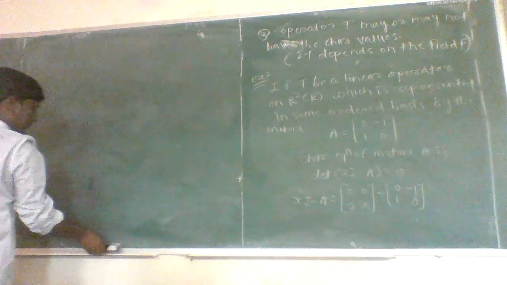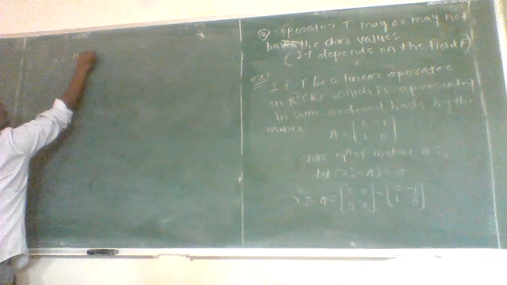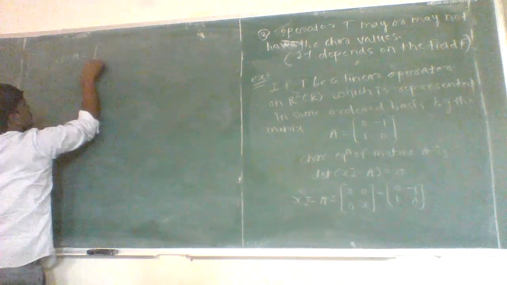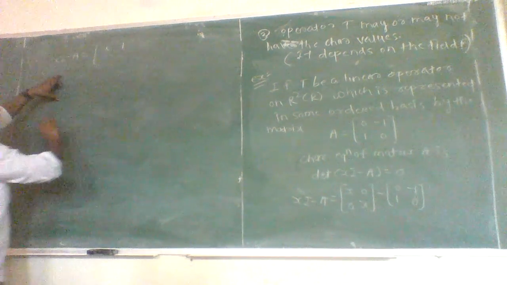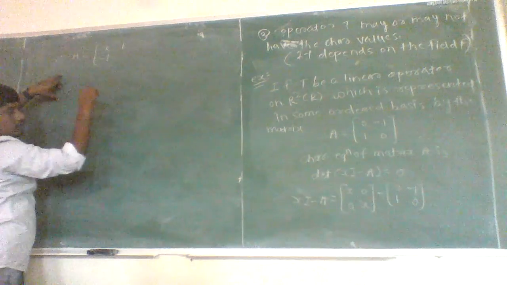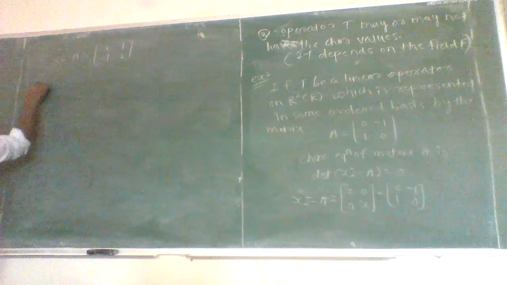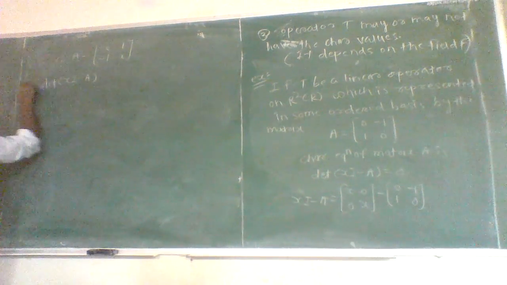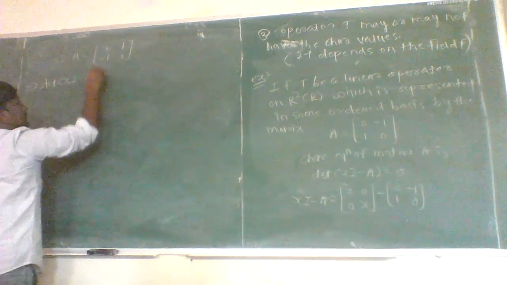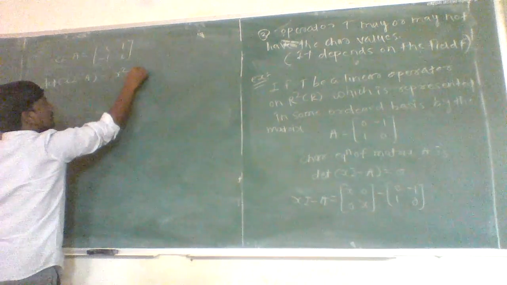Which is nothing but xI minus A, equal to the matrix with entries 1, minus 1, 0, minus 1, minus 1, and x minus 0 again. Now the determinant of xI minus A is equal to x square plus 1.